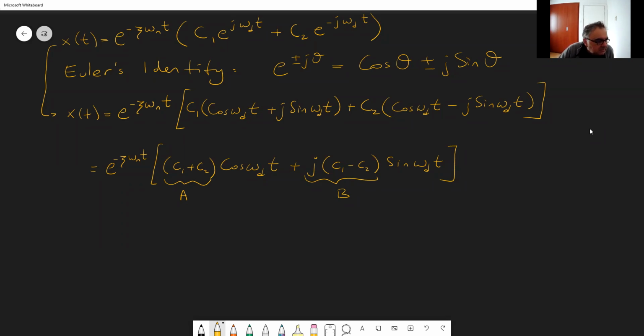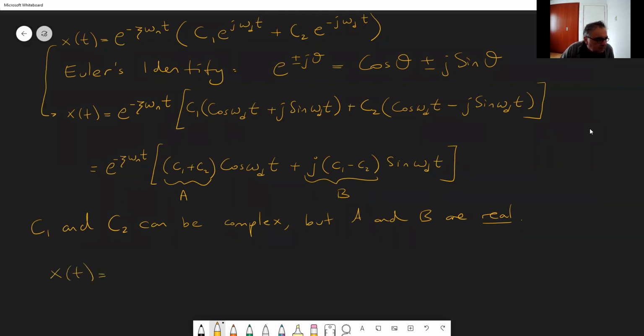So let me write this down. C1 and C2 can be complex, but A and B are real.